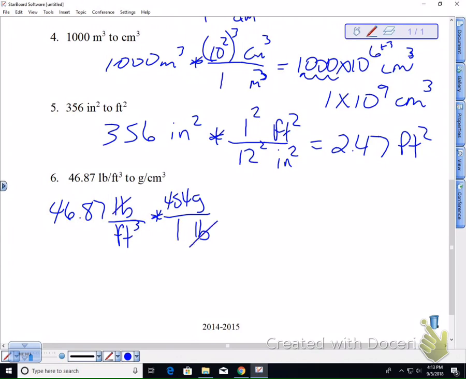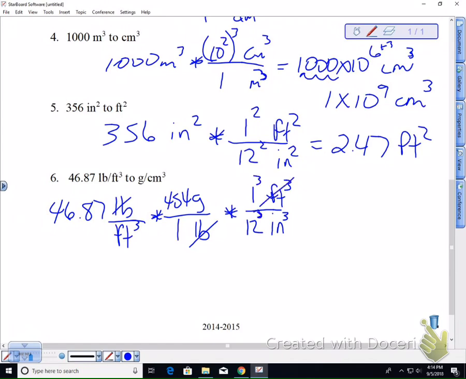Now we just need to convert the cubic feet into cubic centimeters. So let's set up a conversion to get rid of the cubic feet. We'll put that in the top. And since I don't have a foot to centimeter conversion, let's go to inches first. So let's do cubic inches. So 1 foot is 12 inches, but we need to cube the numbers to match the units.